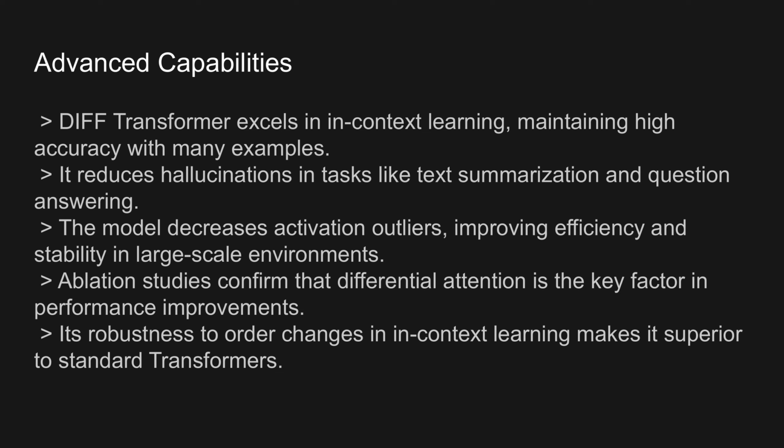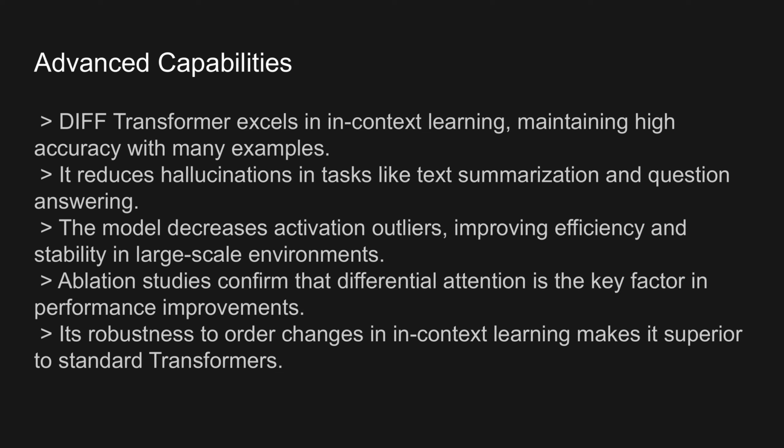For instance, when evaluated on datasets like CNN/DM and HotpotQA, Diff Transformer showed significantly fewer hallucinations compared to the standard transformer. So it's much better at sticking to the facts, especially in tasks that require summarizing or answering questions based on context. Exactly, and this aligns with its improved focus on key information.